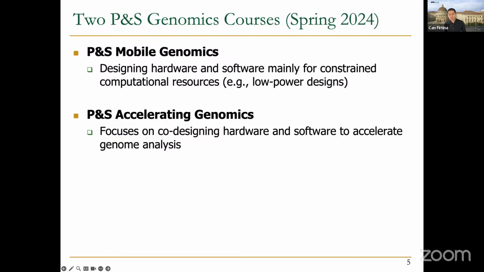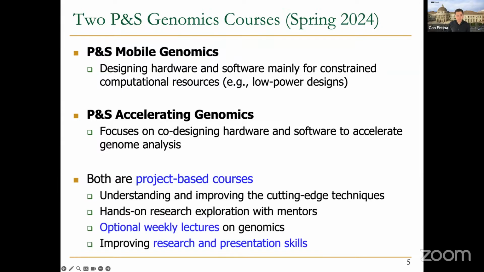To achieve these goals, we offer two PNS Genomics courses this semester. One is called PNS Mobile Genomics. The other one is called PNS Accelerating Genomics. Although at a low level the definitions are slightly different, at a high level the challenges we're tackling are essentially identical.